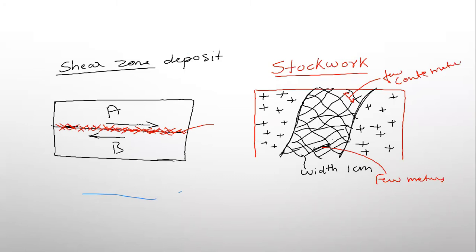So you can see now three things we have to remember. Width of this crack will be 1 centimeter, and the length of this vein will be around few meters, and the distance between two veins will be few centimeters.